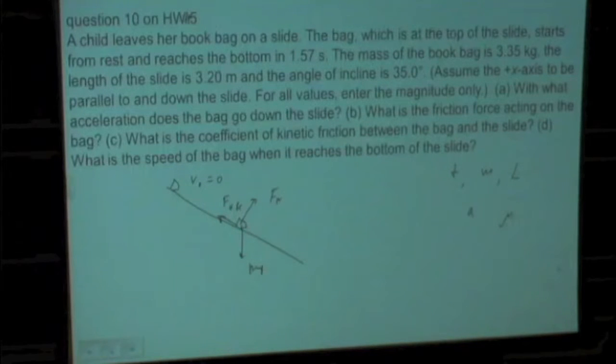And the coefficient of kinetic friction, and the frictional force itself. And as we know, they also have to be related to the normal force, the force of gravity, and the abstract force which we call the net force. So this is the set of variables. Let's add a final velocity. This is the set of variables we have to relate to each other.